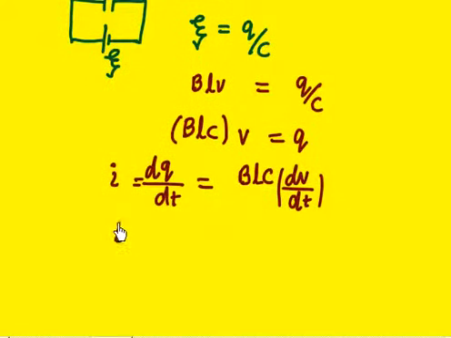So I can write I equals BLC omega. So I have one equation. Now an important point: this current is directly proportional to omega, the acceleration of the connector. So the current is a function of the acceleration of the connector. The only thing is I have to find the acceleration of the connector, omega.